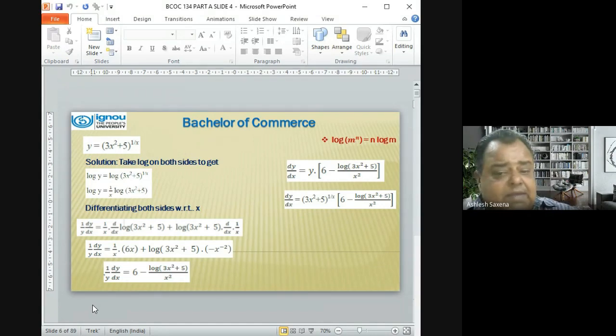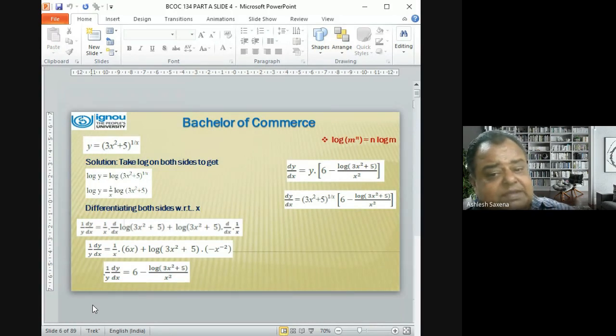1 by y dy by dx is equal to 1 by x into... Now you have to be careful over here how to apply the derivative of this. This will be 6x upon 3x square plus 5, plus log (3x square plus 5). The derivative of 1 by x is minus x to the power minus 2. Now we will just simplify it and we will get 1 by y dy by dx equal to (6 minus log (3x square plus 5)) by x square.